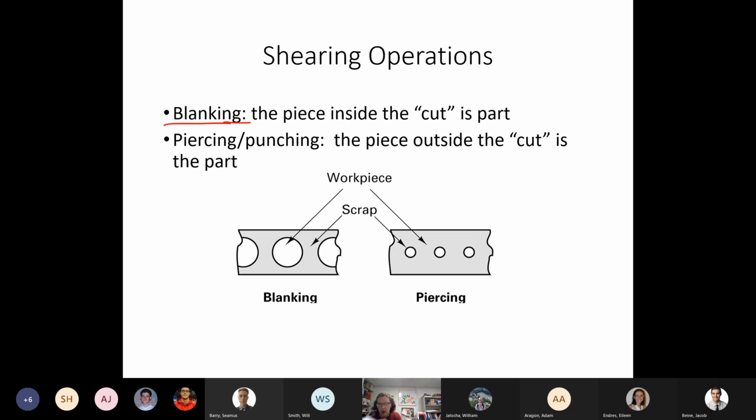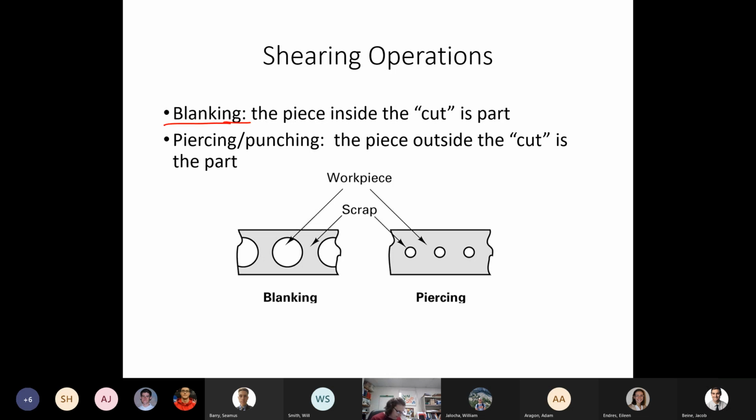And if we say punching or piercing, although punching is the more common term for me, then the part outside the cut is the part.